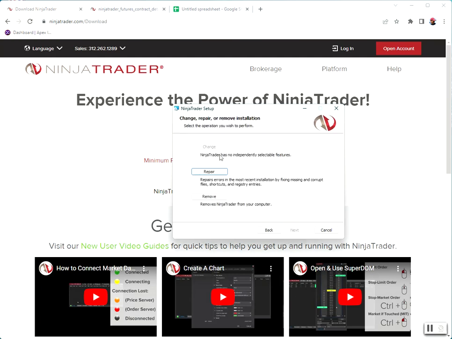You go to next, and since I have this already installed on my desktop, the option is just repair and remove. If you don't have it, it will be installed, and then you just click on next until it's installed. Once it's done installing, you will have an icon like this on your desktop that says NinjaTrader, and all you have to do is double click on that, and it'll open the platform for you, and then you can go from there.